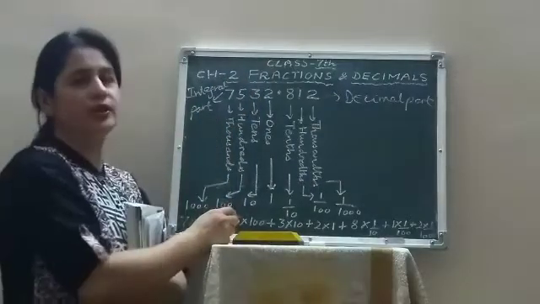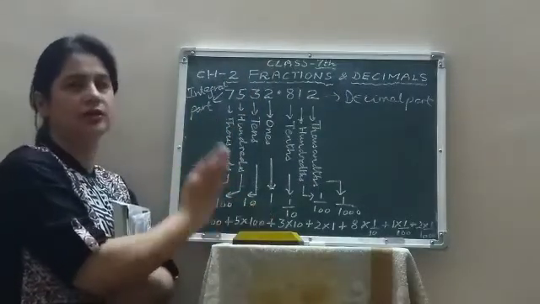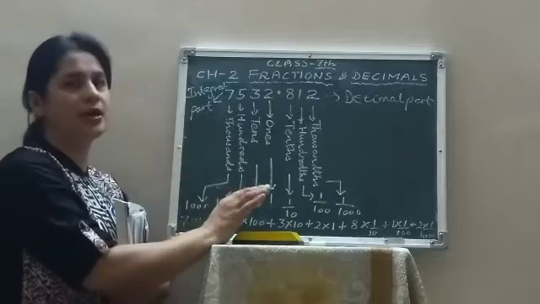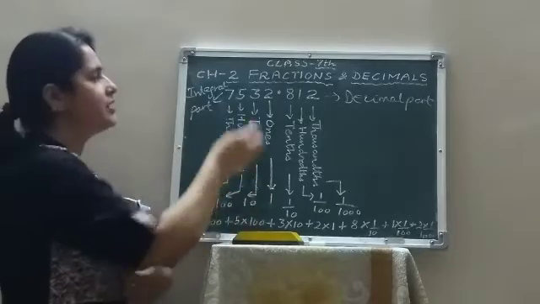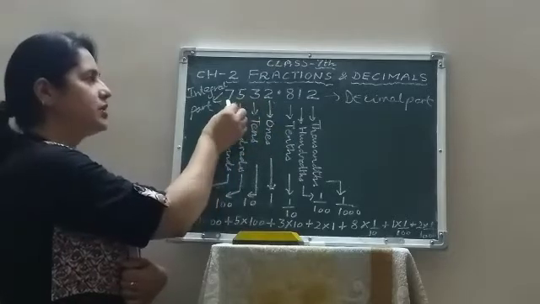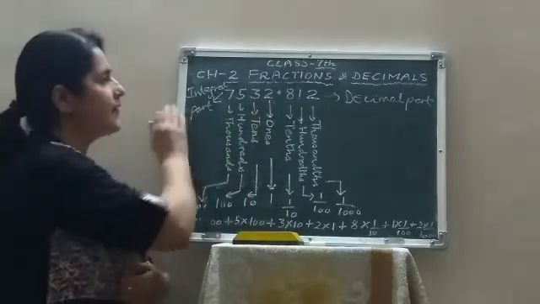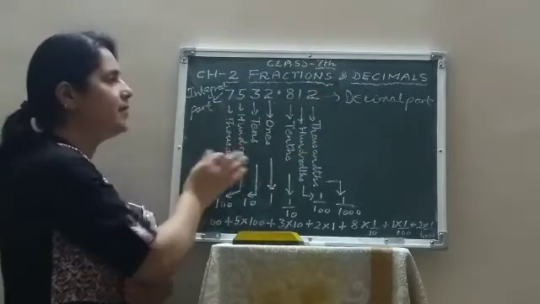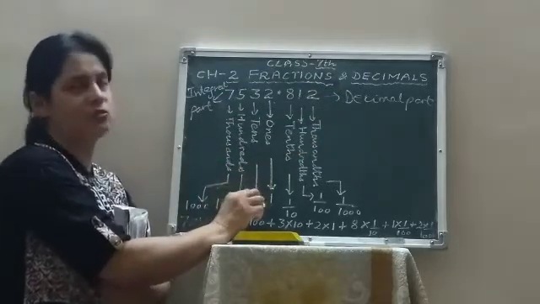Now you know children, the place value chart, if it is a normal whole number, is ones, tens, hundreds, thousands and so on. So in this number also the integral part will have the same place values.